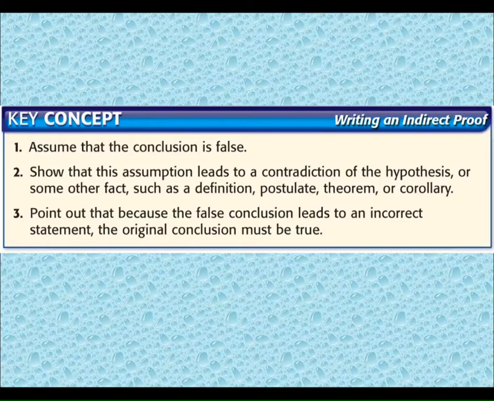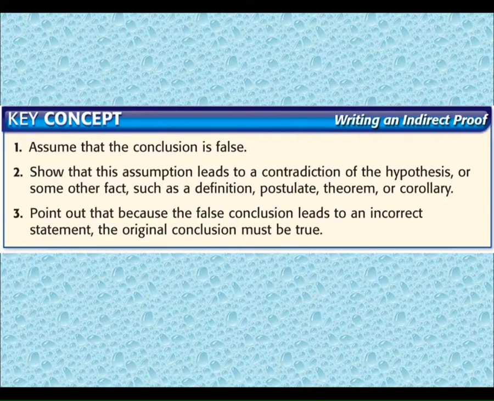So how to write an indirect proof. Now you don't necessarily need to write each of these steps down because we're going to do a lot of practice with it. But we always start in an indirect proof by assuming the conclusion is false, or assuming what is to be proved is false. Every single one. If it is proved by contradiction or using an indirect proof, we always start by assuming the conclusion is false.